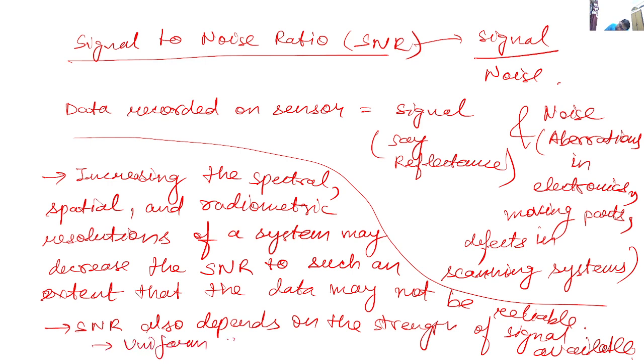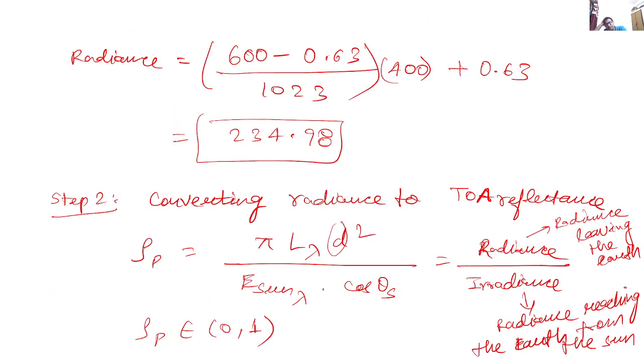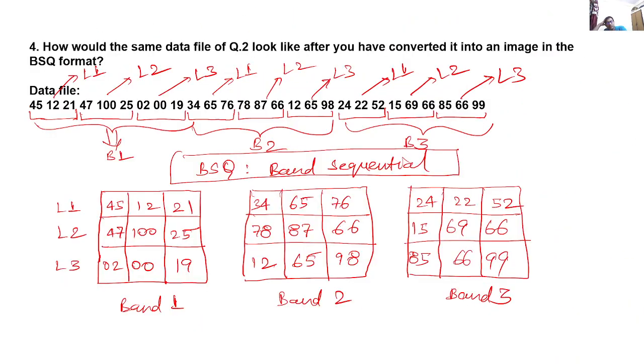The bandwidths for each of the bands are designed in such a way that the signal to noise ratio is more or less uniform across the bands, and that is why the bandwidths vary, and that is what we see in the Landsat 8 band formulation also.